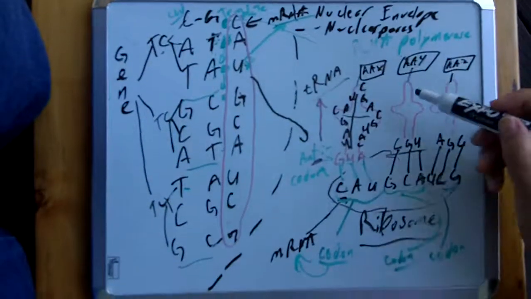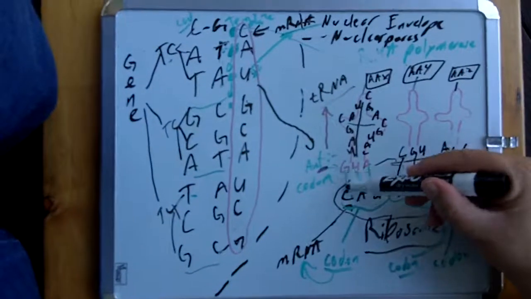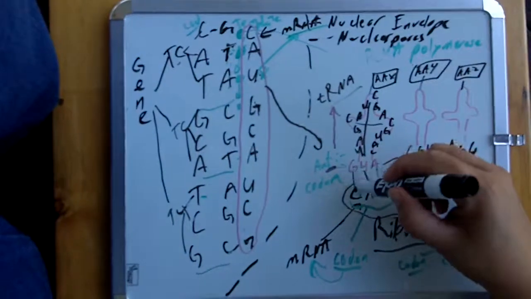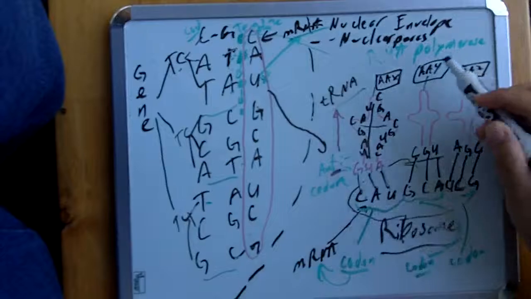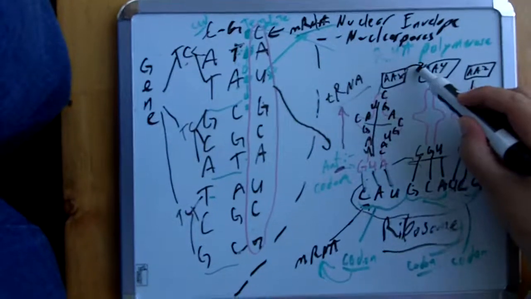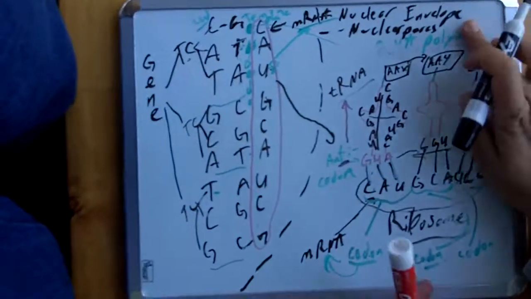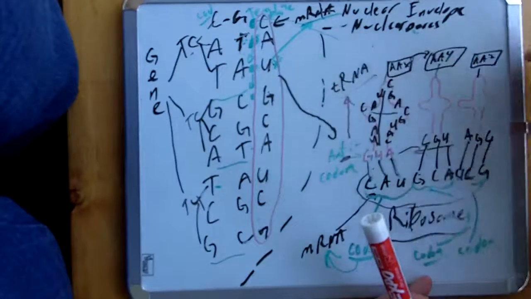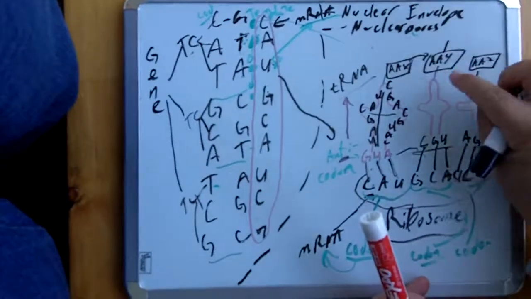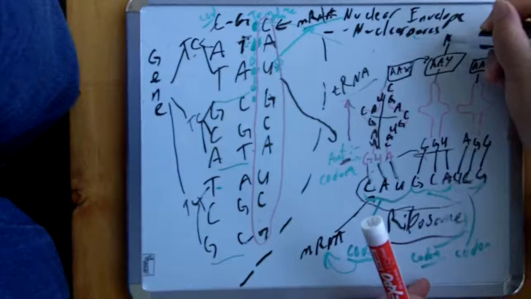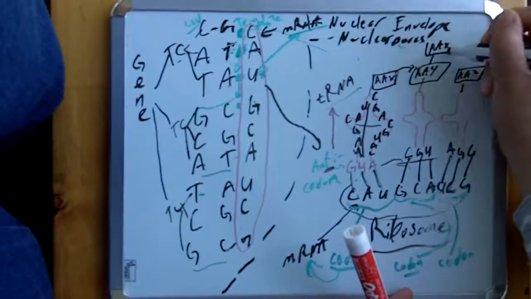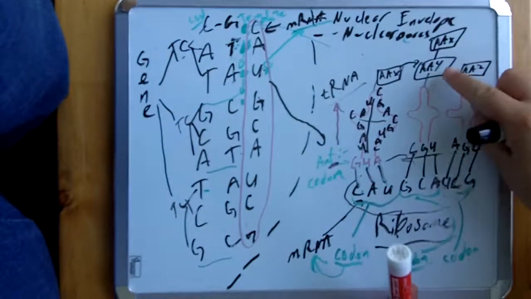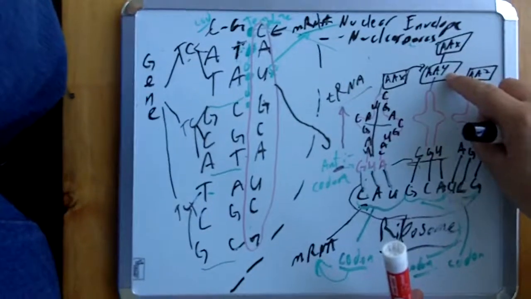When this tRNA binds like this, so I'm going to put the black one binding like that, this amino acid jumps over to there, and they form a bond. So I'm going to erase this where it says RNA polymerase. So now amino acid Y will be bound to amino acid X. Now you have two amino acids linked together.